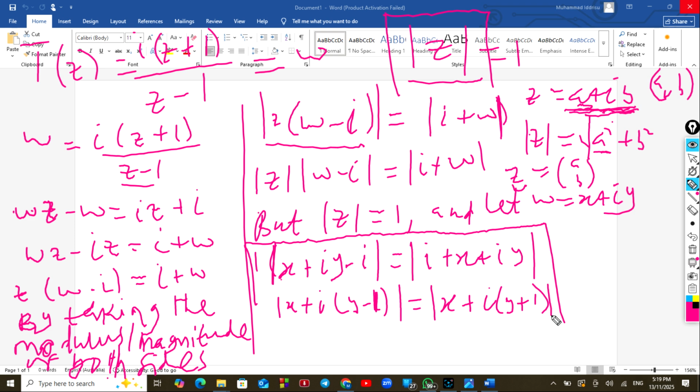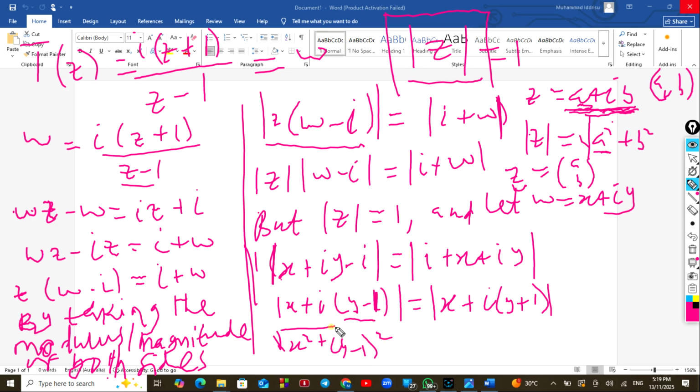So the magnitude of this is just the square root of x squared plus the imaginary part, y minus 1 squared, which is equal to the square root of x squared plus the imaginary part, which is y plus 1 squared.